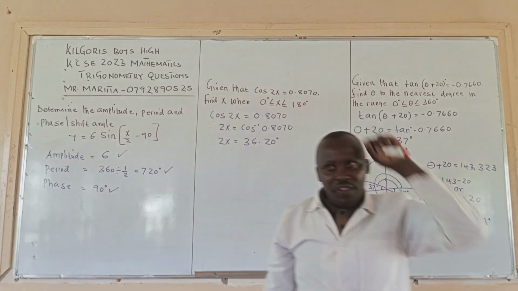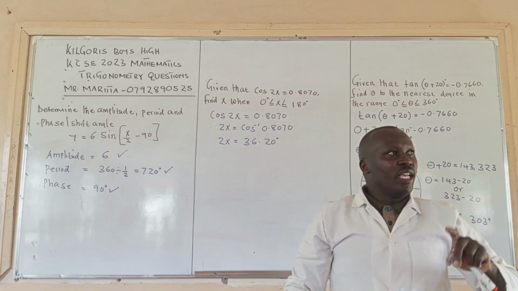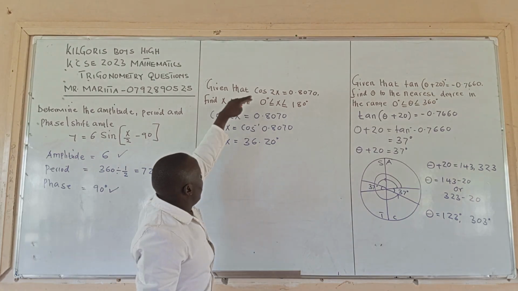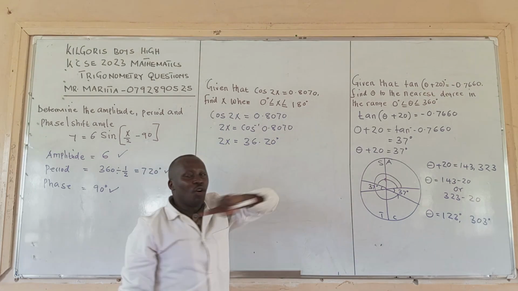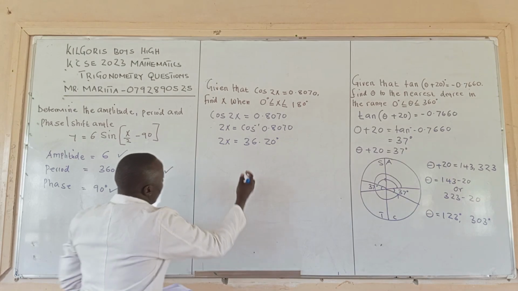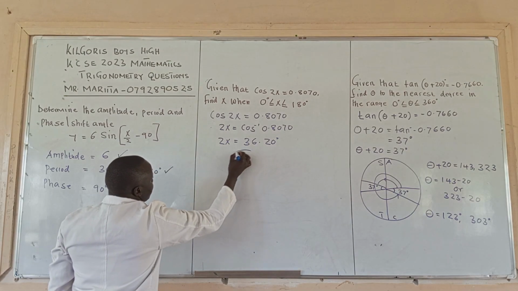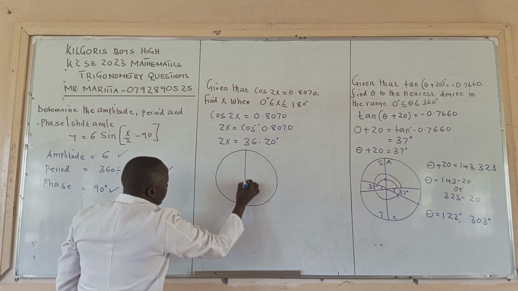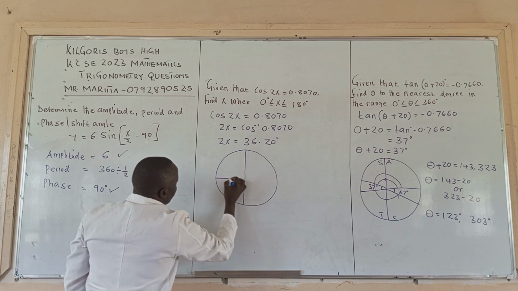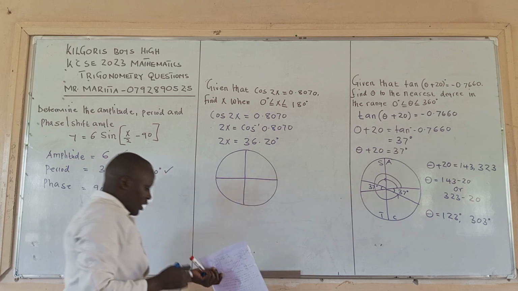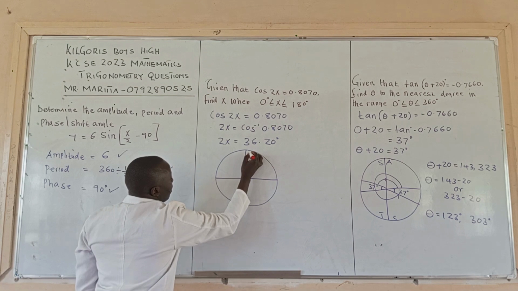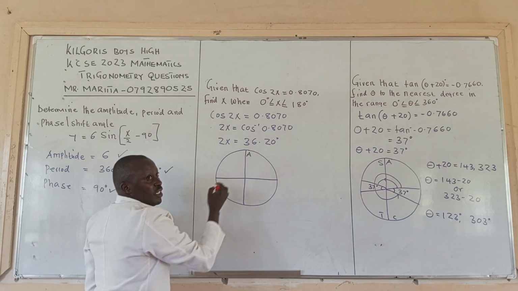Now the next very important step is using the unit circle and seeing where the cos is positive in that quadrant. In our unit circle, we know that all the trigonometric ratios in the first quadrant are positive.